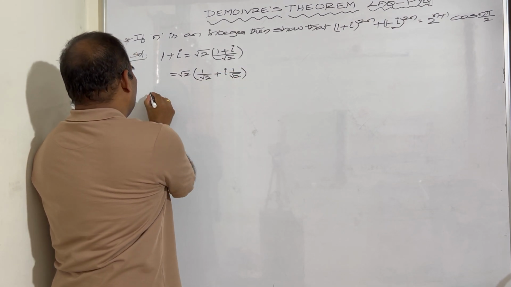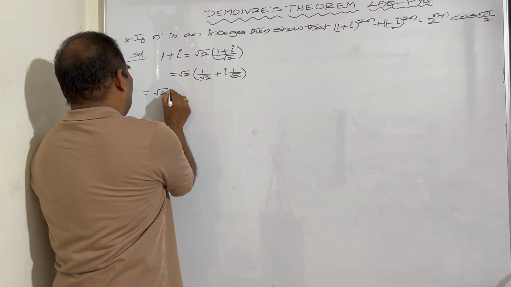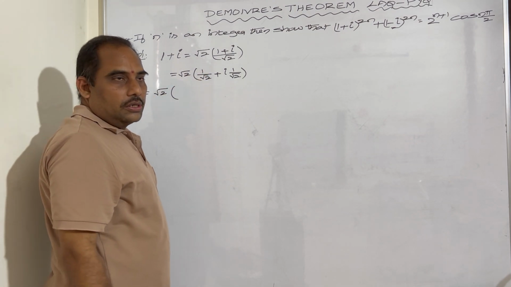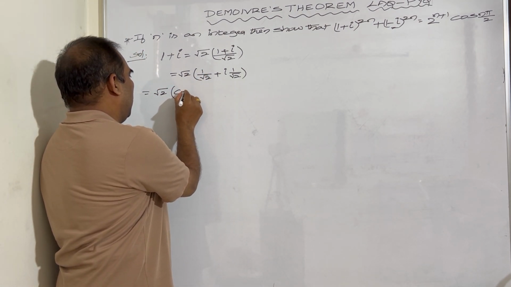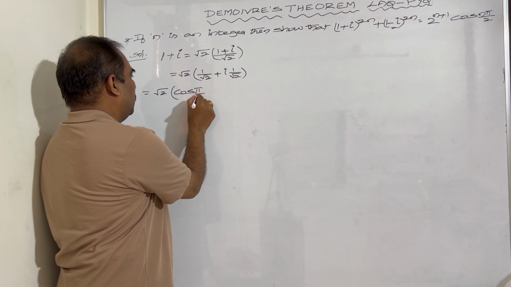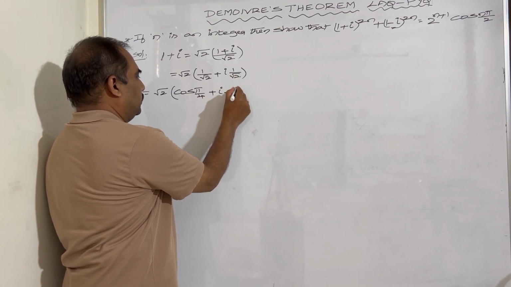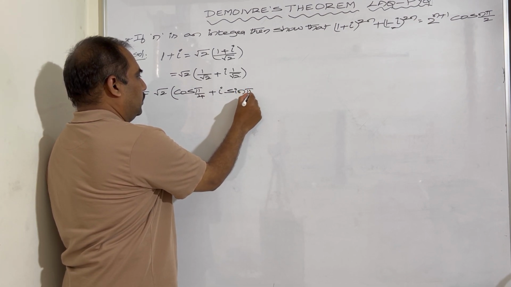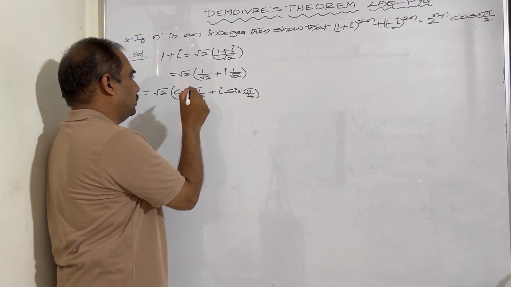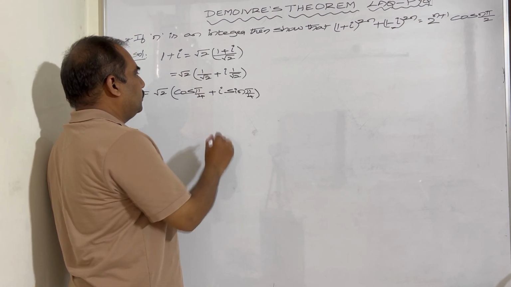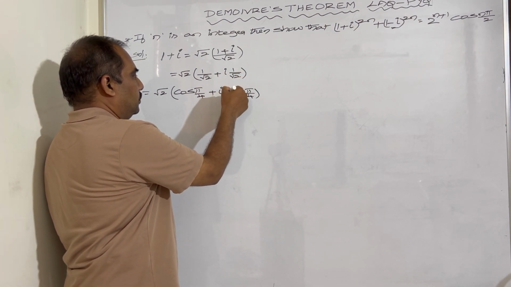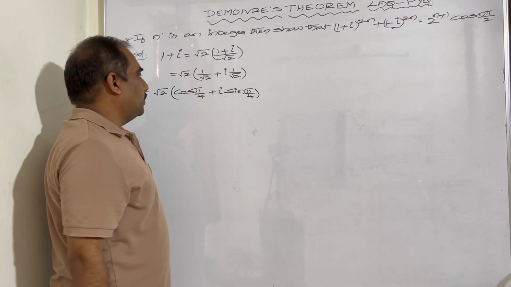Now in terms of cos, this becomes root 2 into (cos π/4 + i sin π/4), since 1 by root 2 is cos π/4 and also sin π/4.